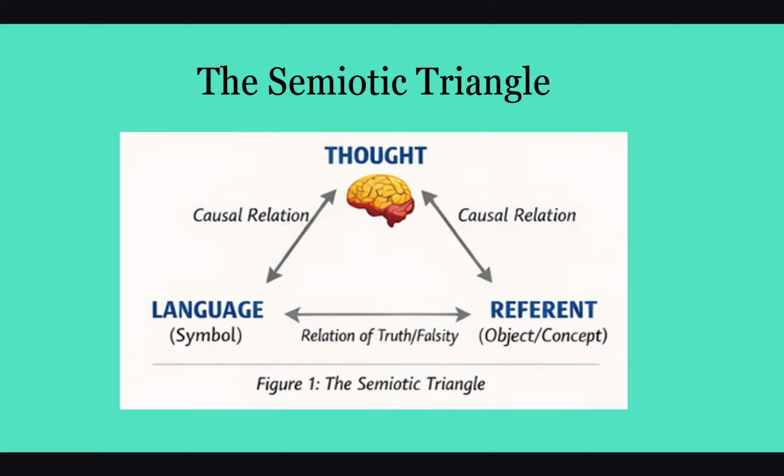And the referent is the actual object, event, or situation in the real or imagined world that the language refers to. For example, in the sentence, the dog barks, the caravan goes by, the referents are the actual dogs and a caravan in that situation.